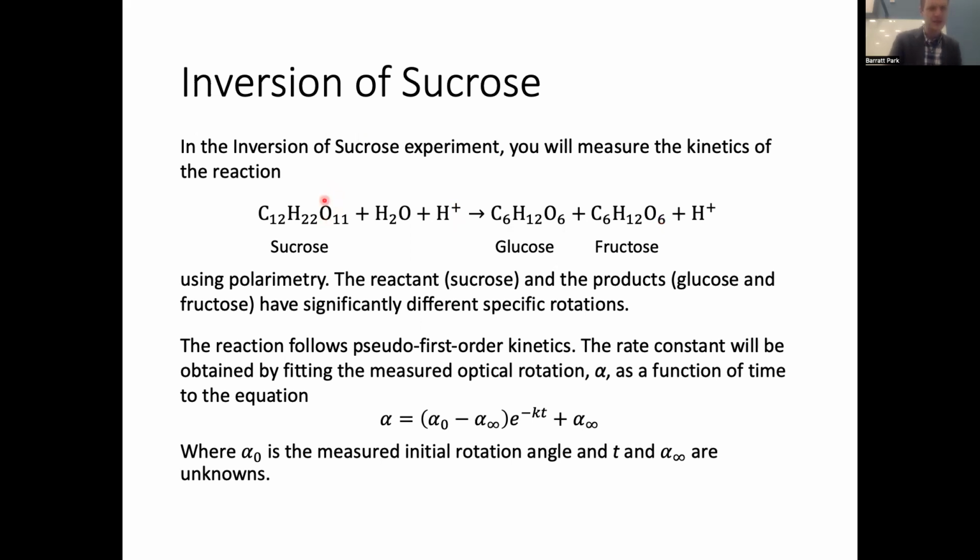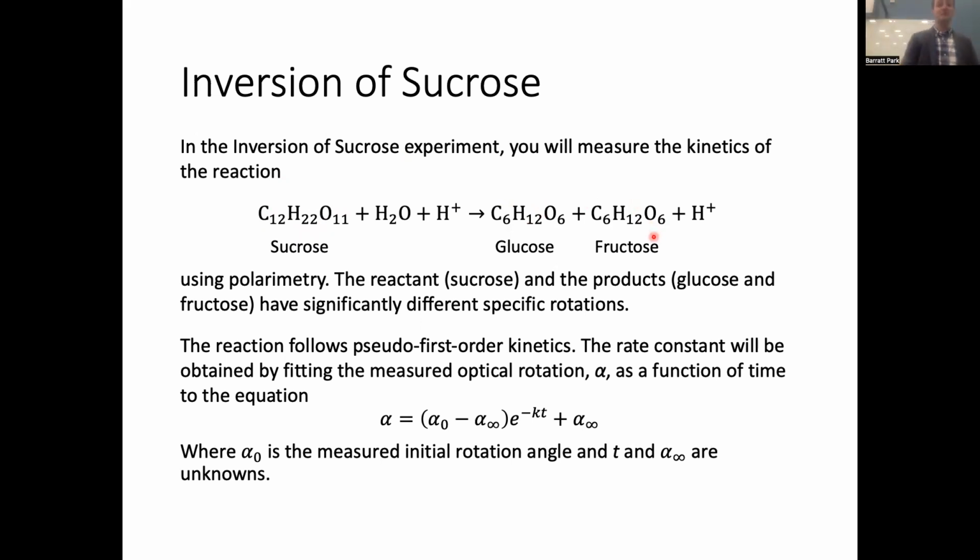And so in this case, the analysis of the data is a little bit convoluted because both the reactant, sucrose, is a chiral molecule, and the products, glucose and fructose, are also optically active chiral molecules. However, luckily, the polarization rotation due to sucrose is very, very different than the polarization rotation due to glucose and fructose. And in fact, it's in the opposite direction.